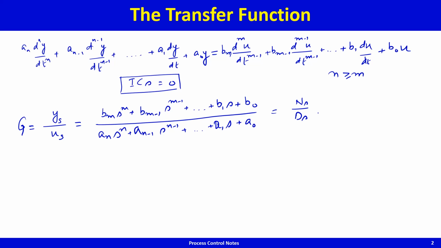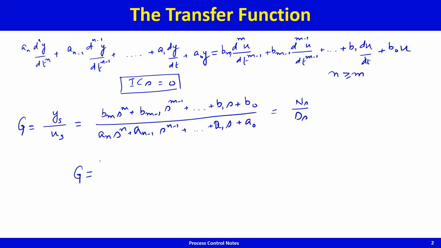You can factorize these polynomials, and in that case the transfer function, if both the numerator and the denominator have been factorized, would be: to factorize, take bm common from the numerator and take an common from the denominator, and then you'll have the highest power of s as 1, and then you can factorize.